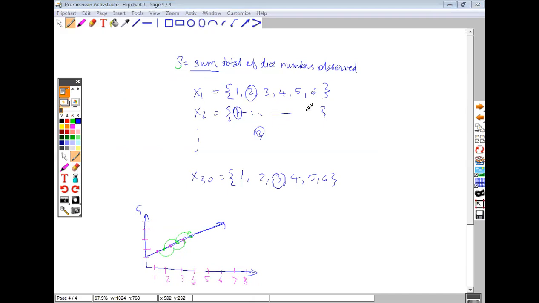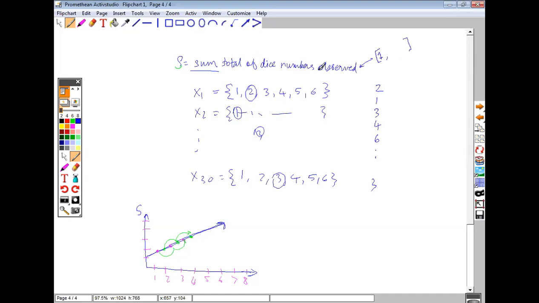So my x1 plus x2, let us say I observed here 2, 1, 3, 4, 6, and so on, up until let's say 3. If I'm adding up these numbers, it's certainly going to increase, right? So my S will take values from 1 to what?